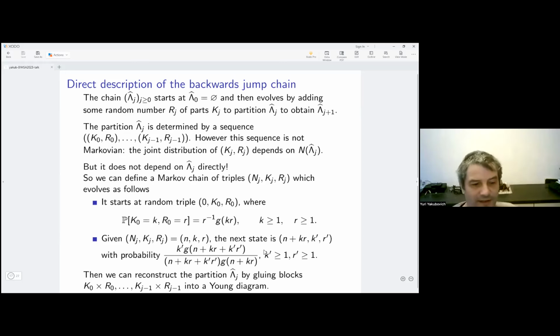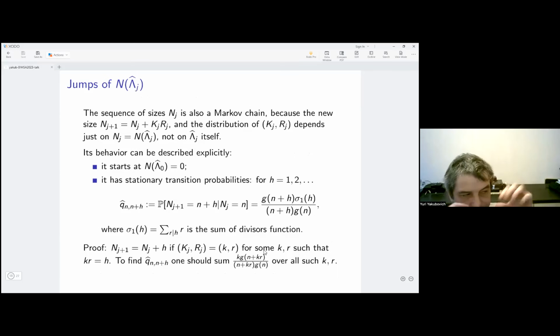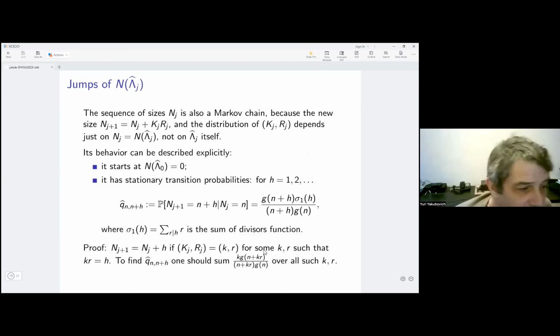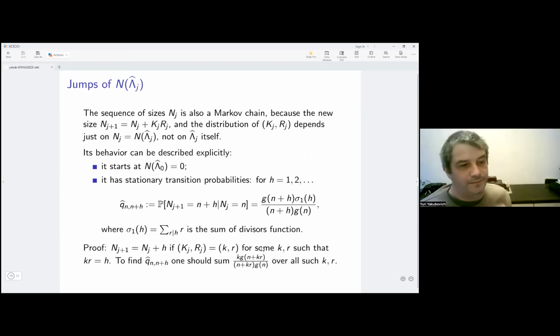So it's again quite a simple Markov procedure of constructing these triples and then building Young diagrams from these blocks, not from parts, but from blocks. We obtain a Young diagram on some level after some number of steps.